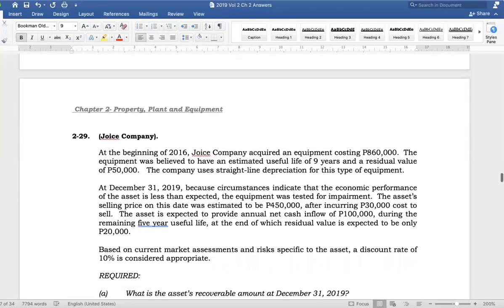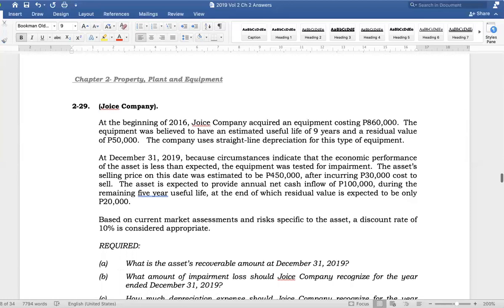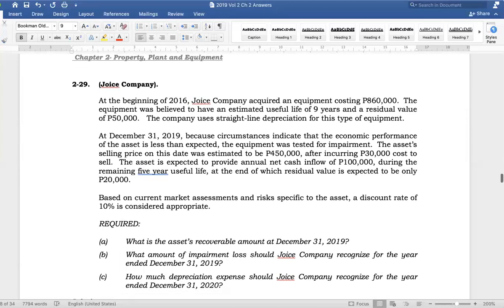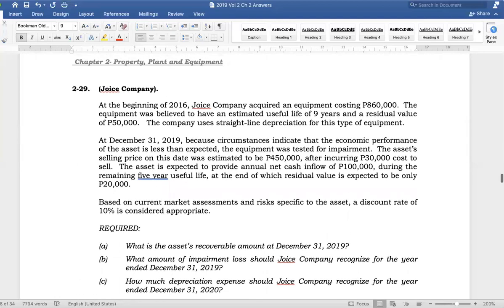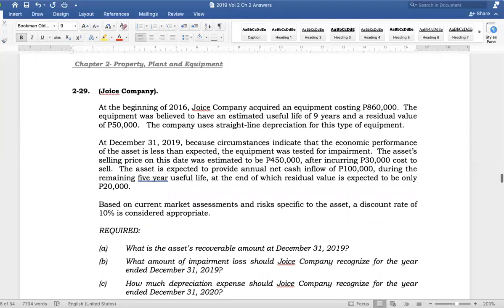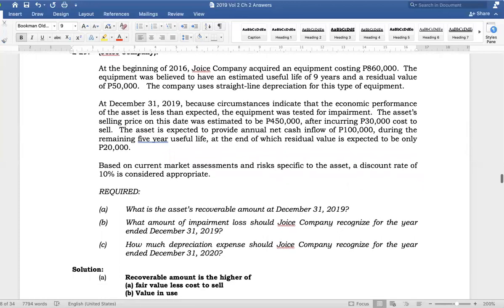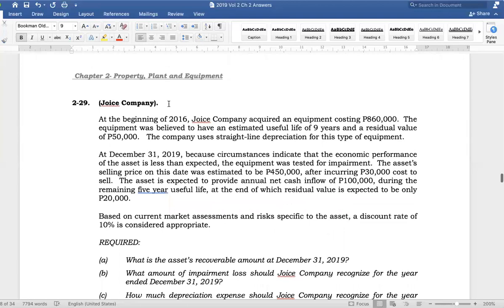Then 2-29. So 2-29, we will now start discussing impairment loss on the asset. So what is our principle?